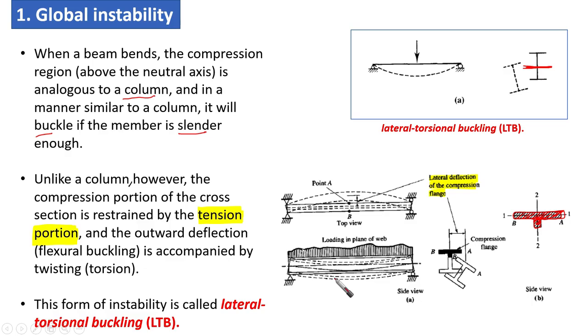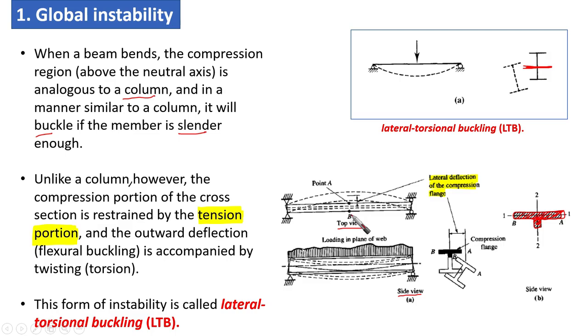This is the elevation or side view of the beam, and this is the top view. Whenever we are loading the beam in this direction, we're going to find that the beam bends in flexure mode, as you can see here from the side view. But when you look from above, from a top view, you're going to find that the beam is going to move laterally.